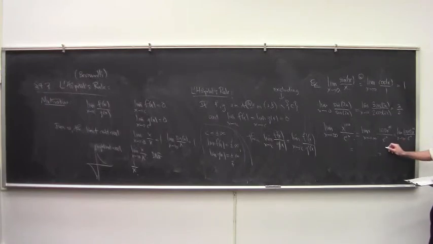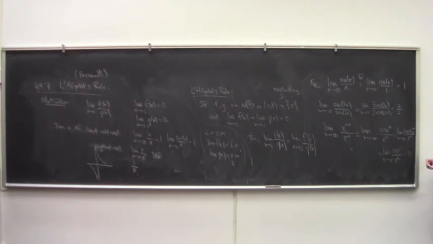The top is going to be 100 factorial, and the bottom is still going to be e to the x. So you have some huge number, but it's over e to the x, and as x goes to infinity, you get 0.